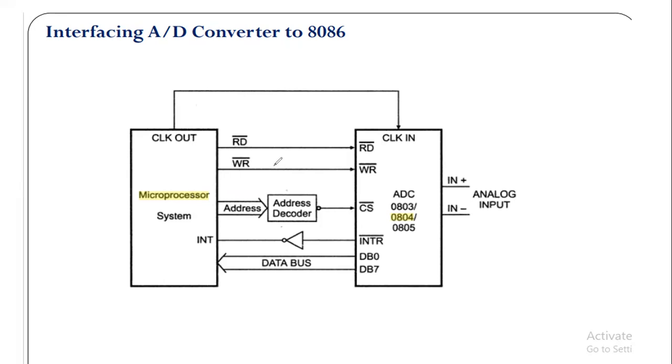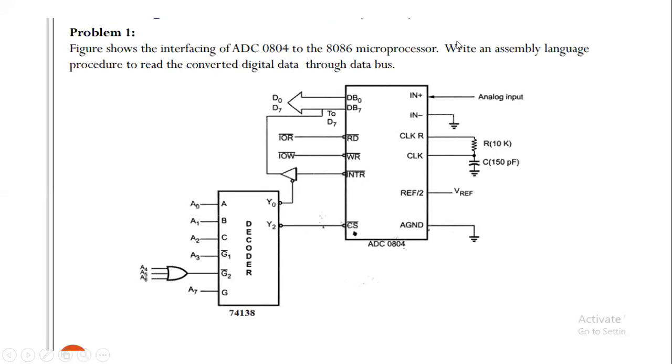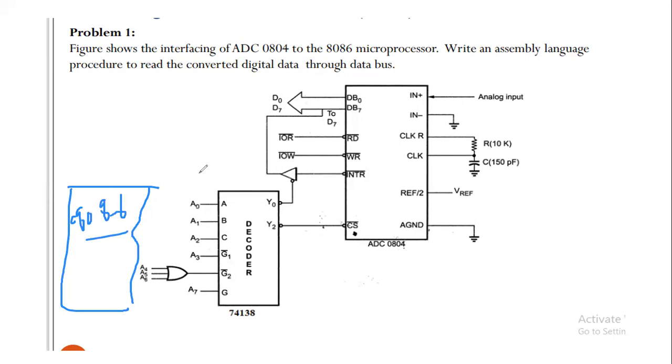So if we compare this diagram with the interfacing problem given to you, in this you can see the 8086 microprocessor, and its address lines are connected with this address decoder, and this address decoder provides two signals, one is Y0 and one is Y2. So Y2 is used for chip select and Y0 is used for the INTR.